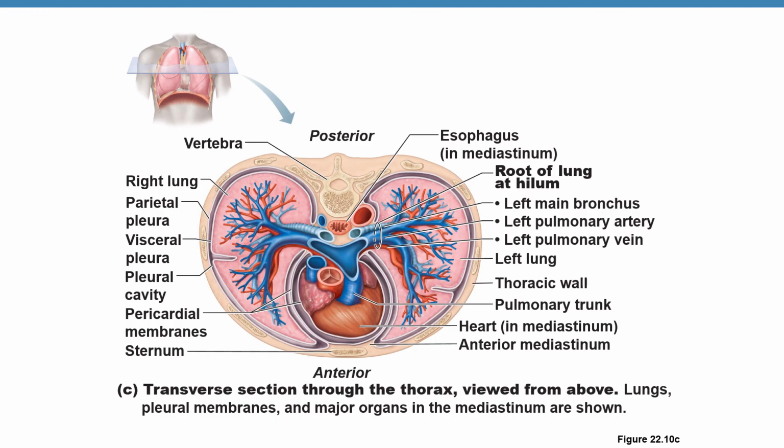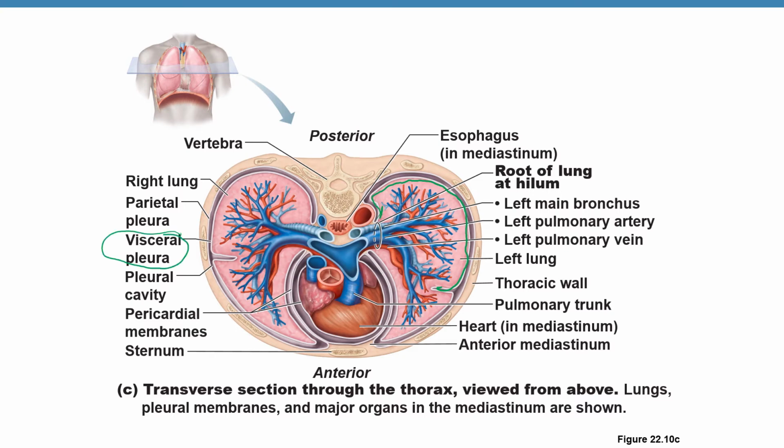So on this diagram, lots of labeling, but maybe we want to pay attention to this one. So this lining covering the lung, right, that's a pleura. And this is visceral pleura. Right, let me find where it is here, visceral pleura.